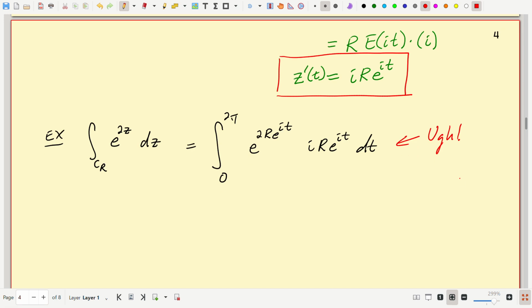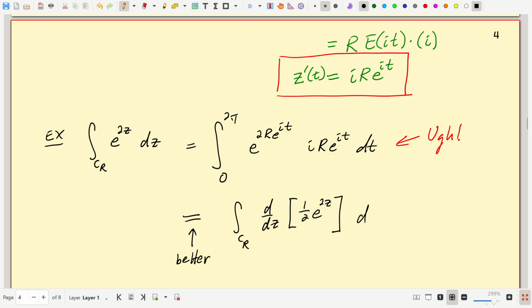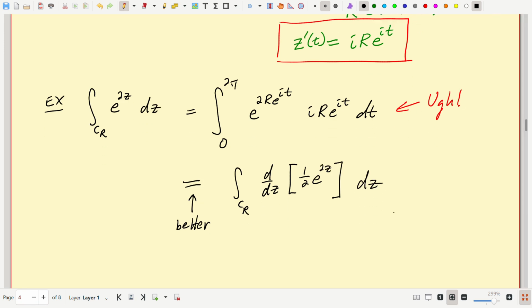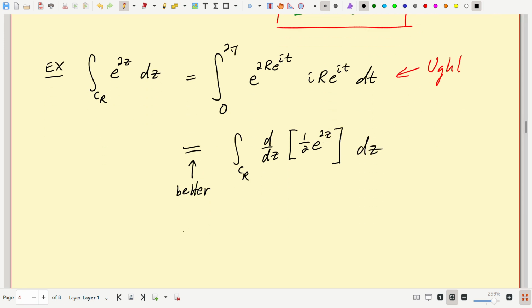But today I can use the fundamental theorem of calculus, so this is better. This would be the integral of a derivative, and the antiderivative of e to the 2z is 1 over 2 e to the 2z. And so that's equal to 1/2 e to the 2z evaluated between the starting point and the end point.